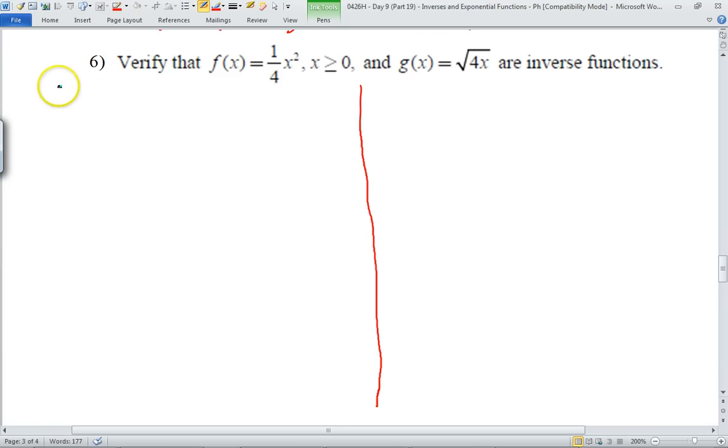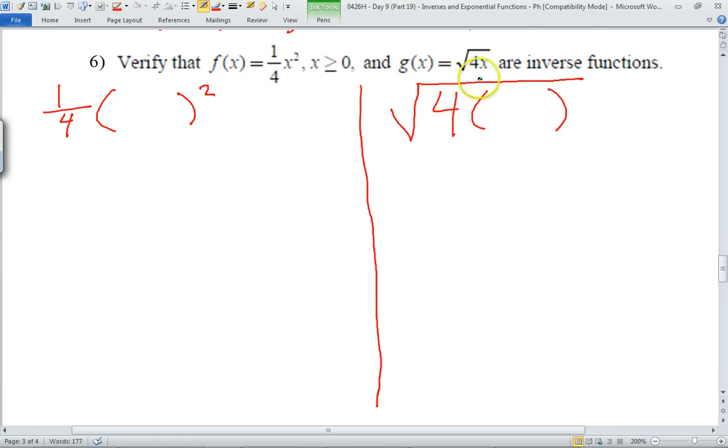So function f is 1/4 x squared. So I need to start with function f and then substitute in function g. And then on the other side I need to start with function g, which would be like this, 4x. I'll put a parenthesis where the x goes. So on this side I'll start with function g and substitute in function f. So technically we have to do it both ways.